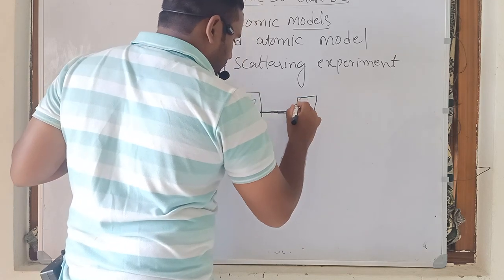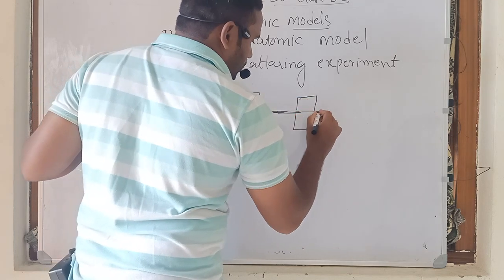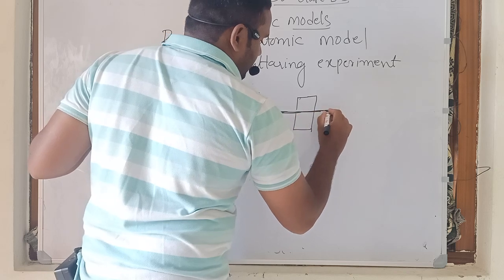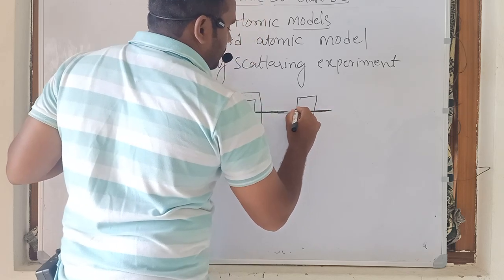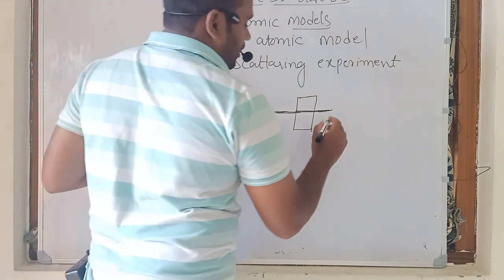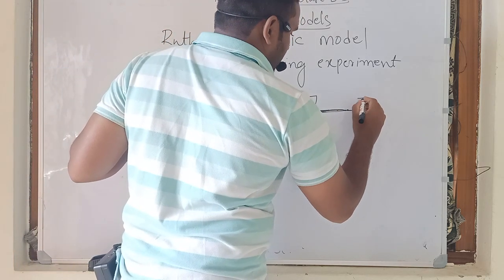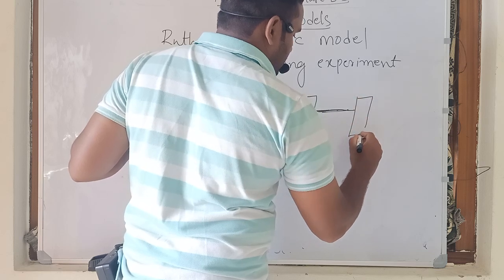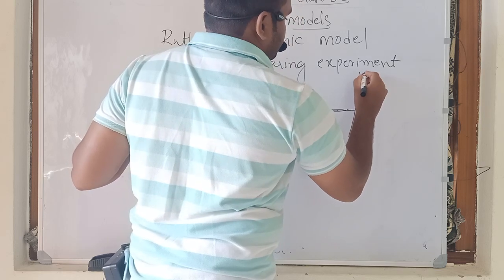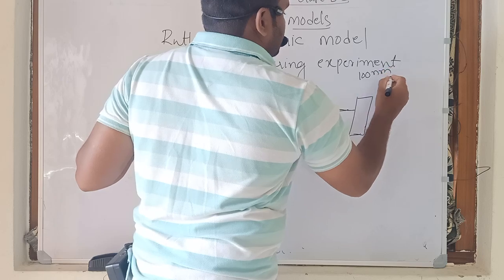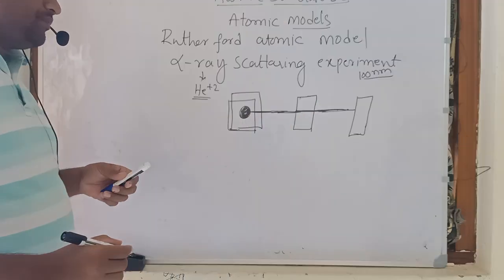This lead plate allows only a monochrome straight line, and he allowed these alpha rays to fall on the thin gold foil, with a thickness of 100 nanometers.